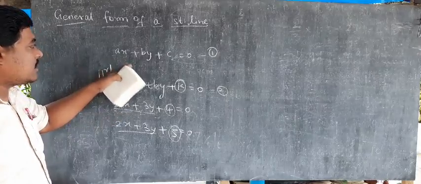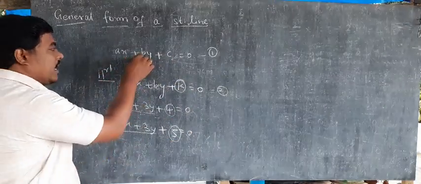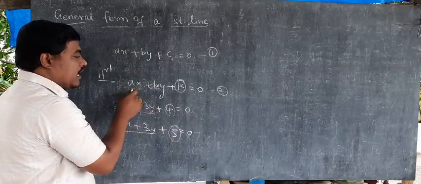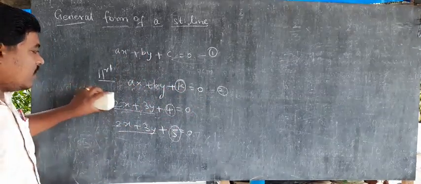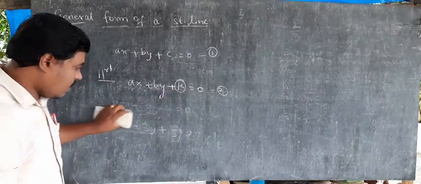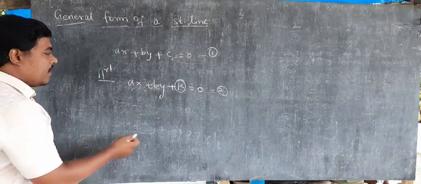So for ax plus by plus c equal to 0, the parallel line is ax plus by plus k equal to 0. Like that we need to write. Then perpendicular.